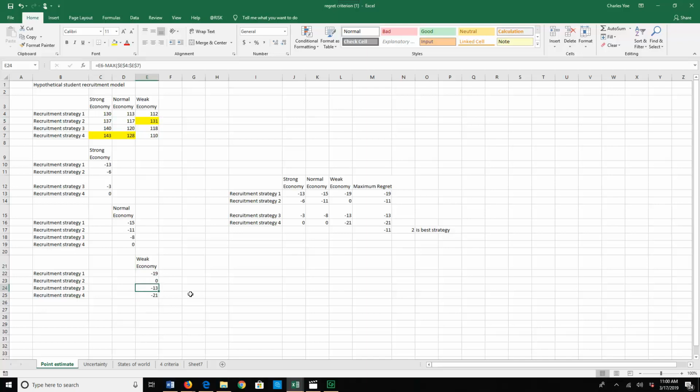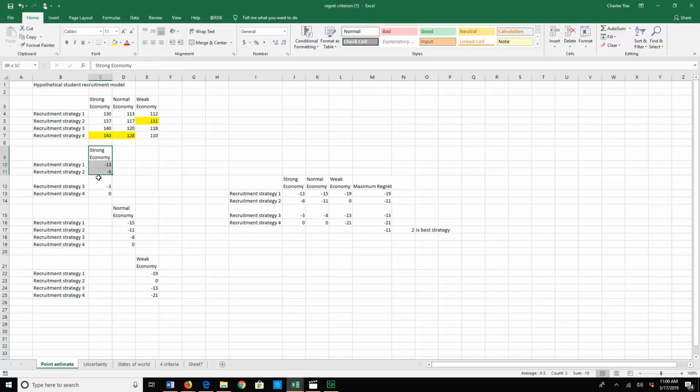If we pick strategy 3, we lose 13 students. If we pick strategy 2, there's no regret. That was the best choice, given that a weak economy occurs. And strategy 1 would cost us 19 students.